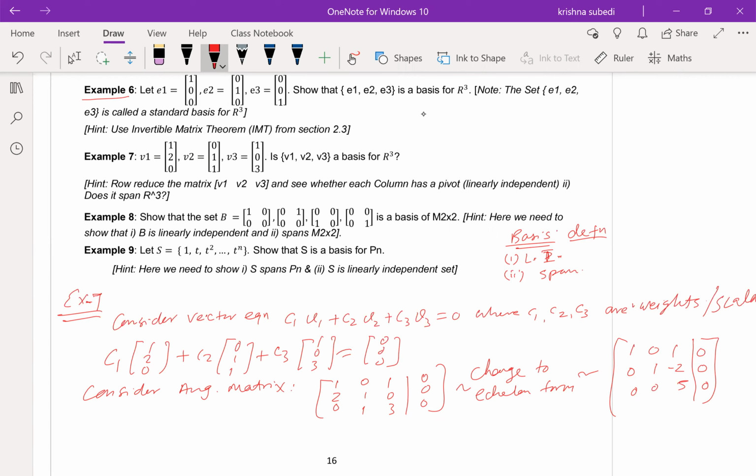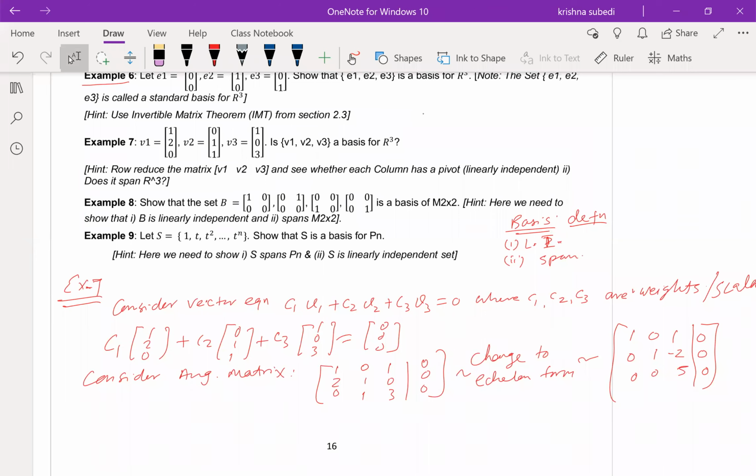Again, echelon form is not unique, so you may have different values there, but that's okay. Now the question is whether there is any free variable or not. Since there is no free variable, V1, V2, V3 are linearly independent.